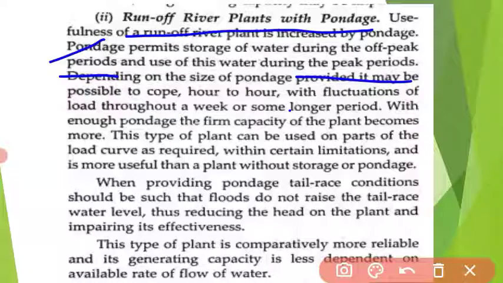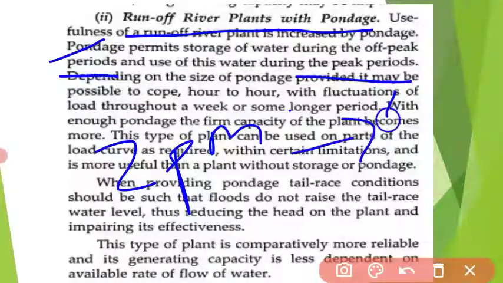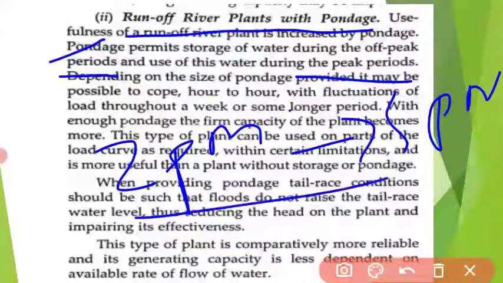Off-peak period, as I have discussed earlier, is during the day, from 2 p.m. to 5 p.m., when the load on the power generating plant will be less. This is the term you can use for the off-peak period.